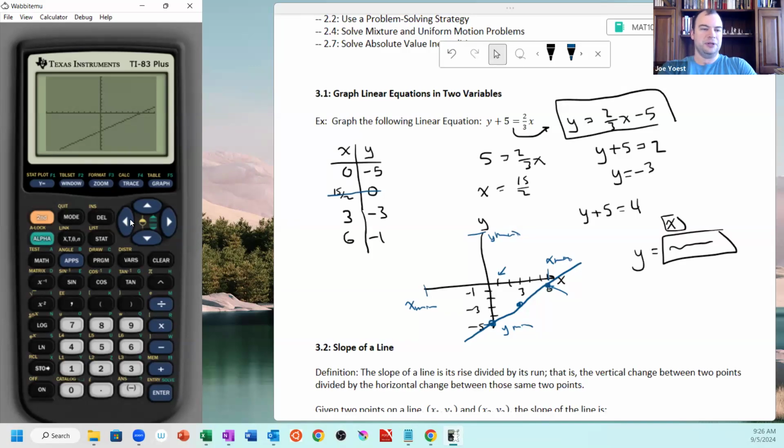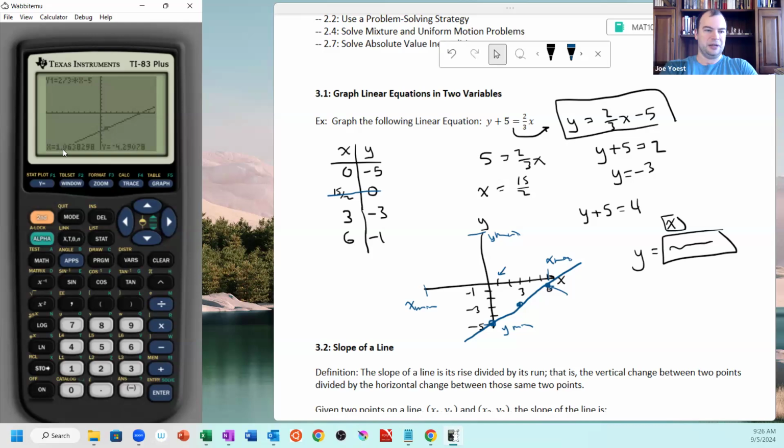I can find points on my line if I just hit the left arrow key. Oops. I need to go to trace between zoom and graph, and now hit the left and right arrow keys. I can find points on my line. Now, most of the points on my line aren't going to be super nice points, right?